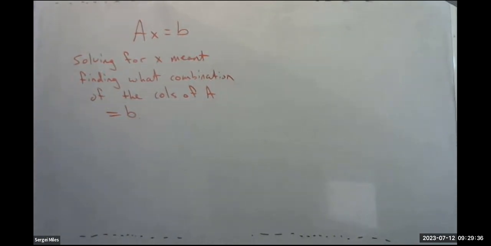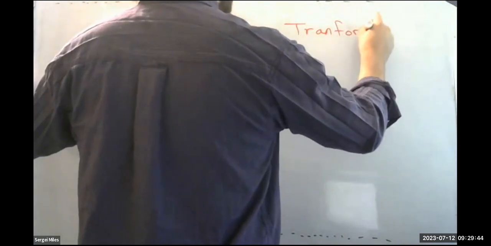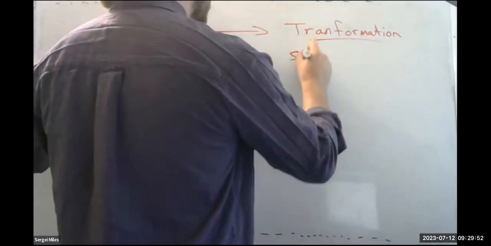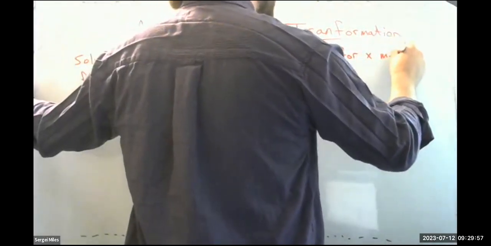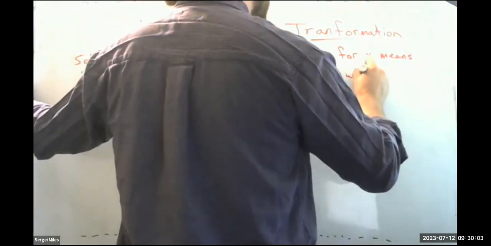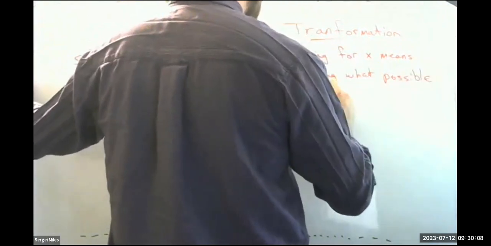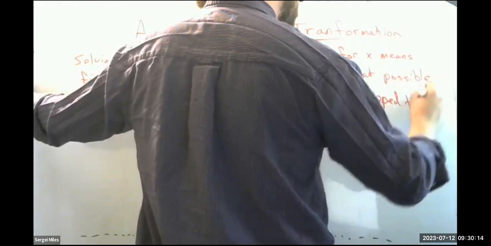But now that we can think of this equation as a transformation, or in other words as a function, in an alternative way of thinking about what it means to solve for x, we can say solving for x means finding what possible x get mapped to b.